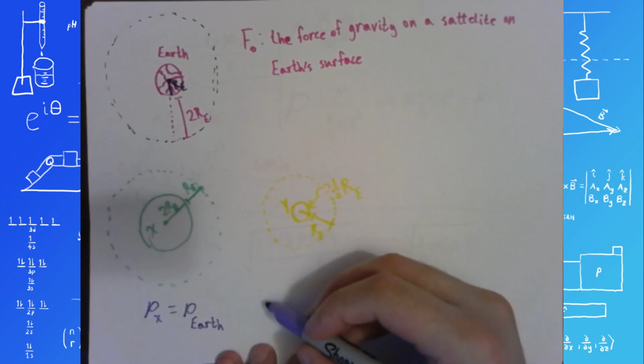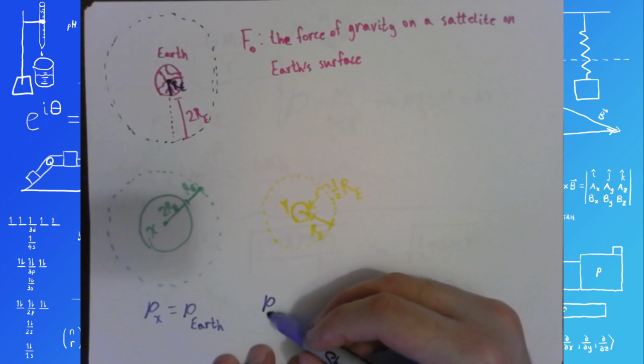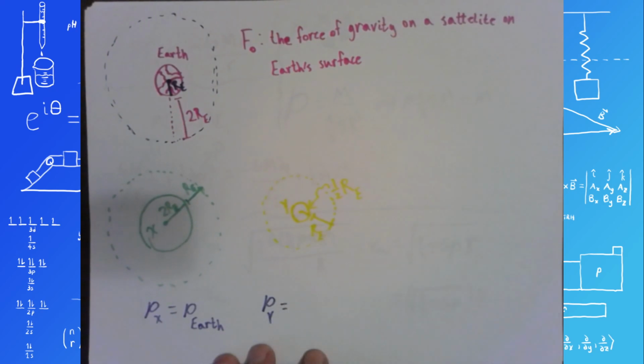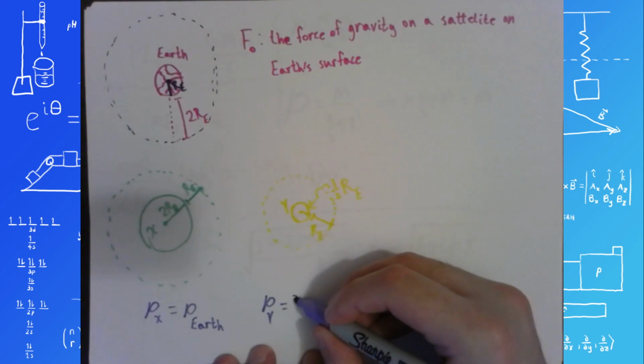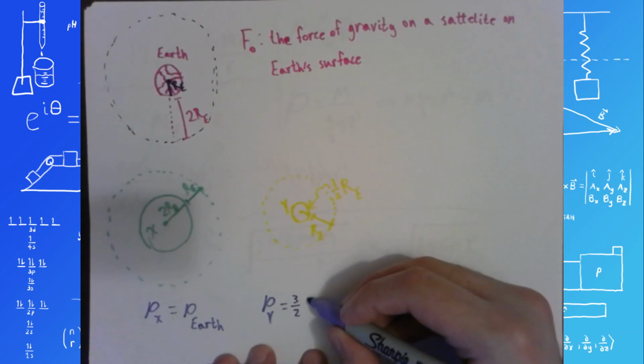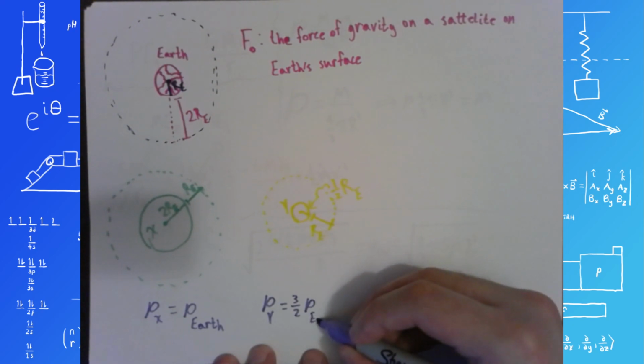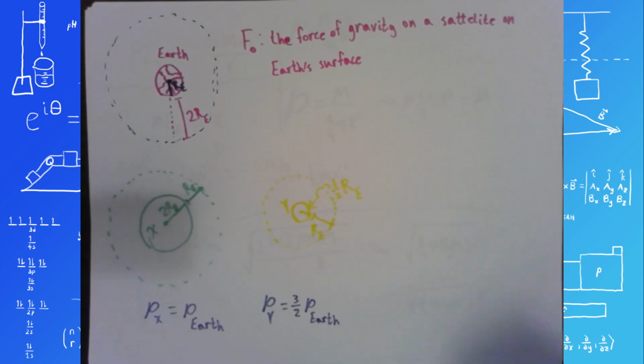And I'm going to say that the density of planet Y is equal to, how about we make it 1.5 times denser than Earth, so 3/2 the density of Earth. I'm probably going to regret using so many fractions with planet Y, but I think that's what makes it a good practice problem.